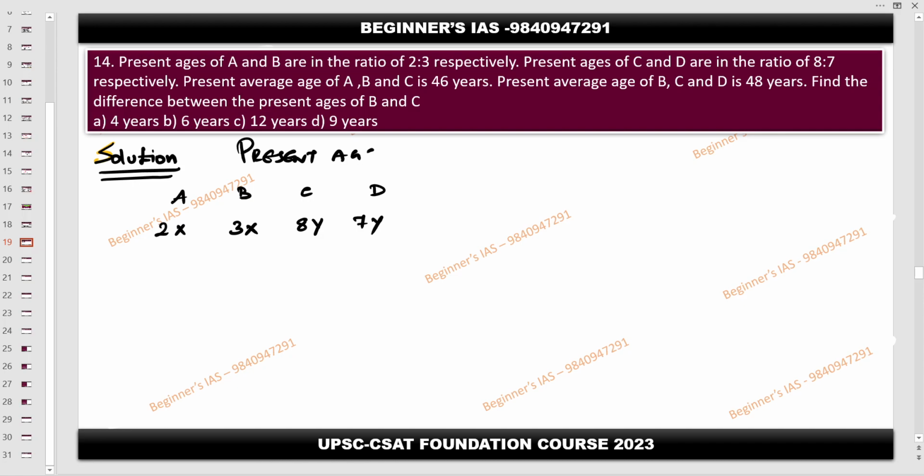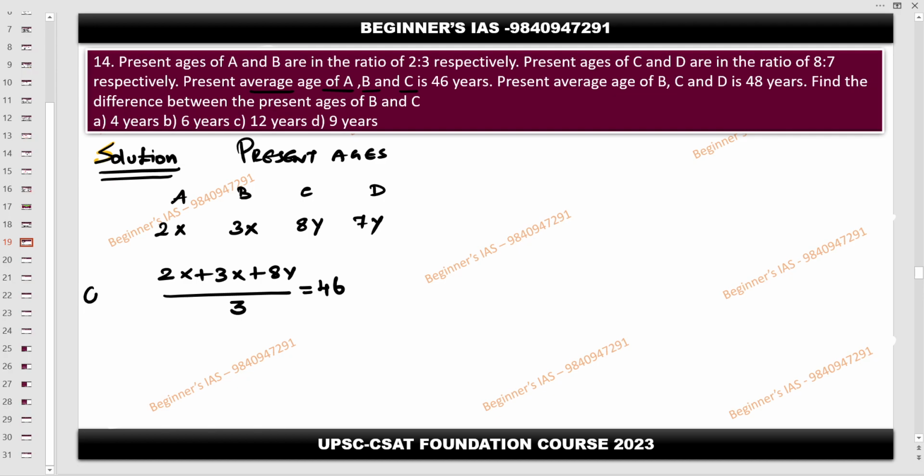Now with this data, the present average age of A, B, C is 46 years. So A is 2x plus B is 3x plus C is 8y. Average of 3 people, therefore you have to divide by 3. This average has been provided here, 46.